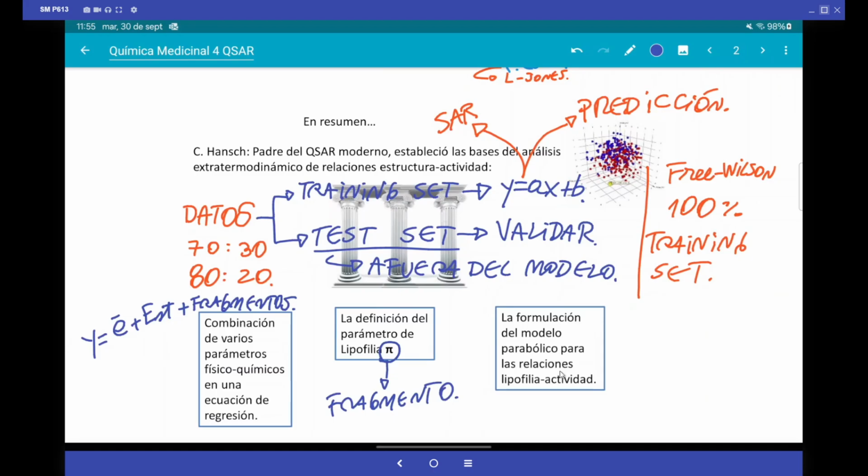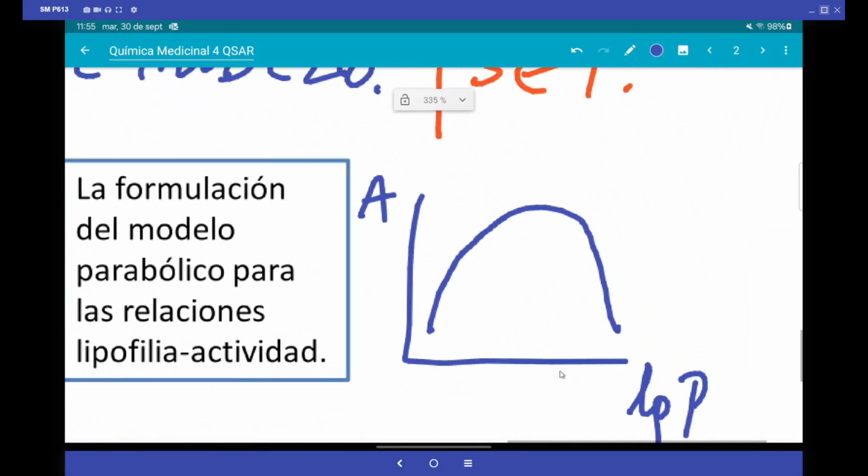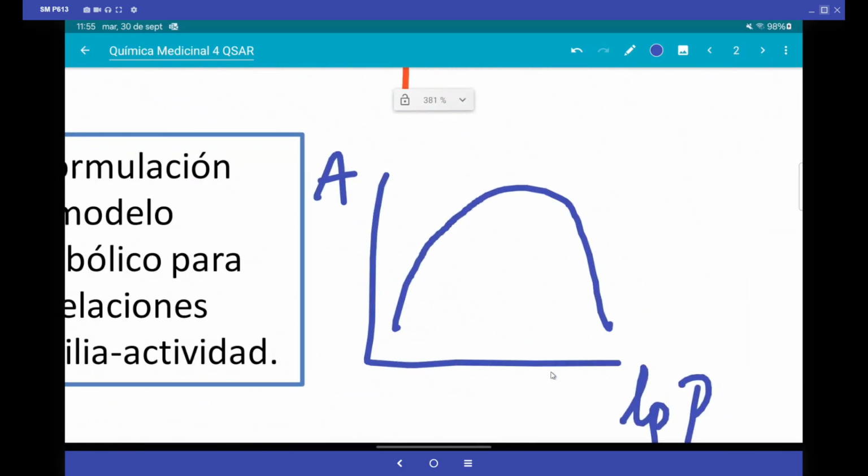How is that? What happens is that if the biological activity increases with lipophilicity, it turns out that just because we have more lipophilicity, there will not necessarily be more activity to infinity. That is why it is a parabolic relationship. What Hansch discovered is that there is a limit: as the lipophilicity increases, the biological activity of a compound that, for example, needs to reach lipophilic places, after a certain point, regresses.